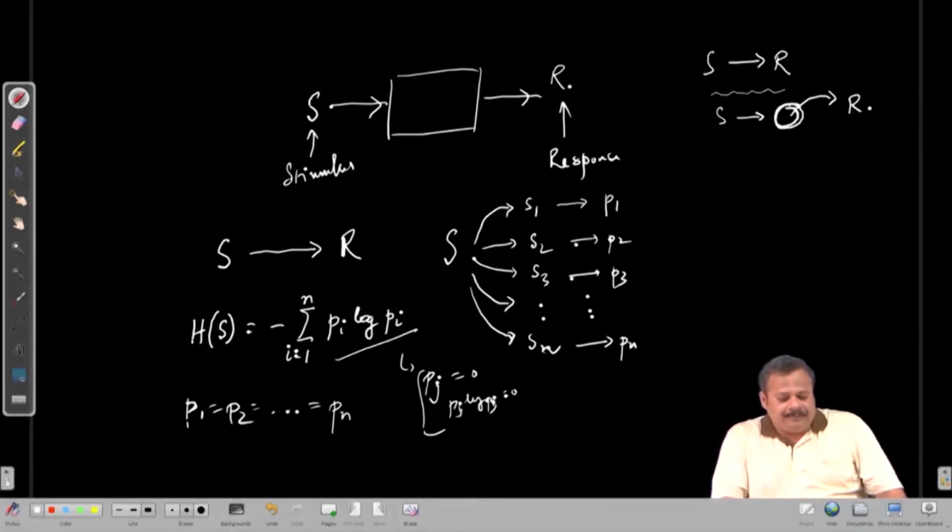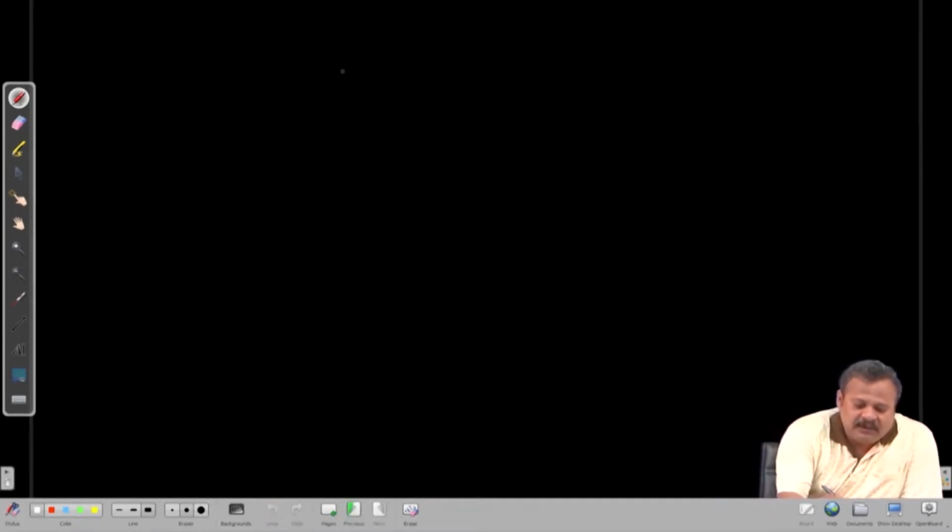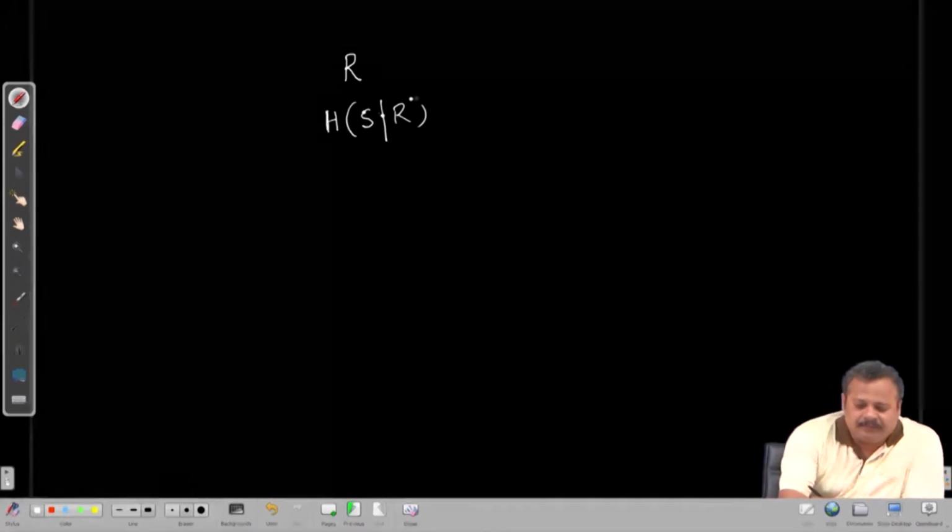So, similarly, if we now have an additional random variable, let us say R, what we can come up with is the uncertainty of the stimulus S given the response R, that is conditional entropy.